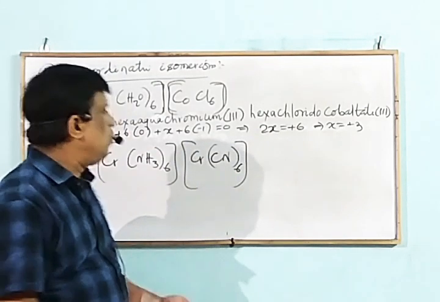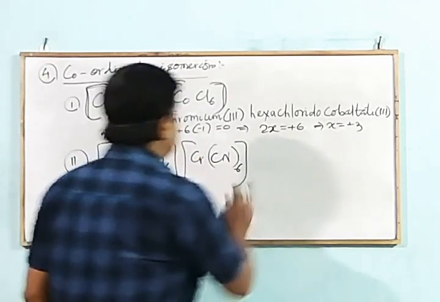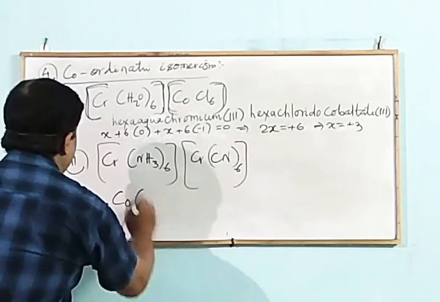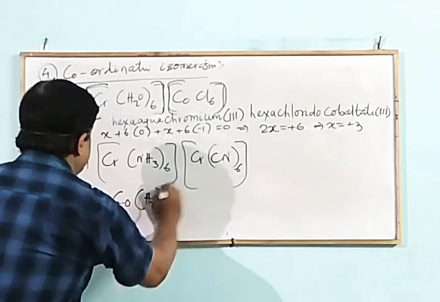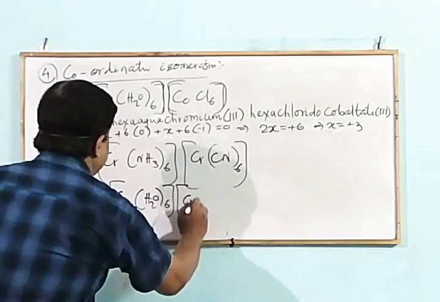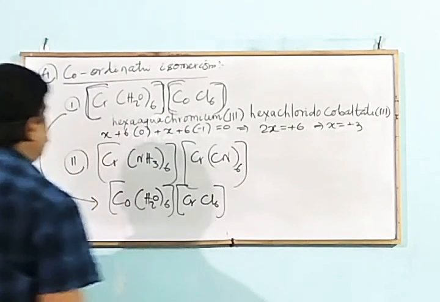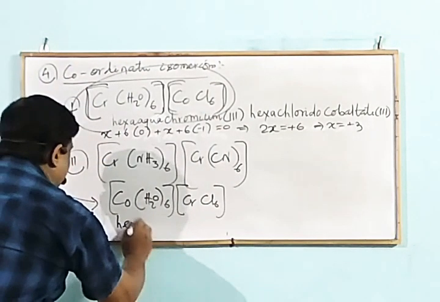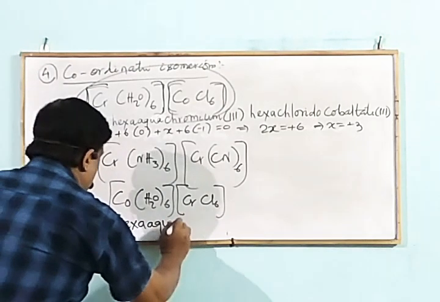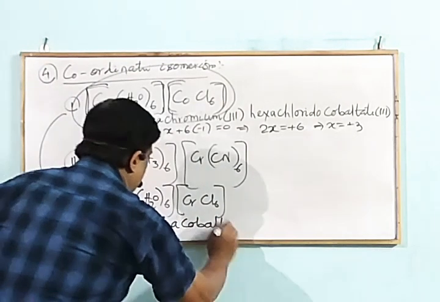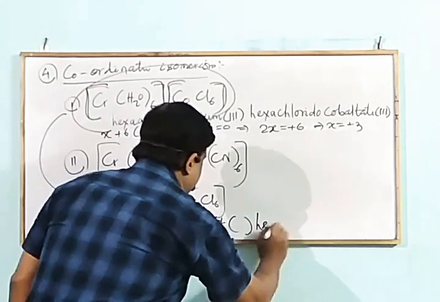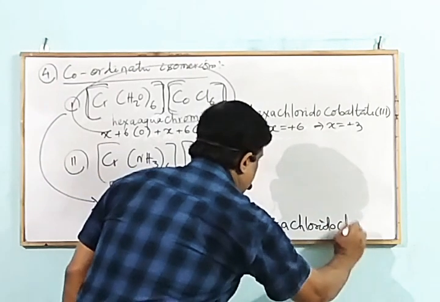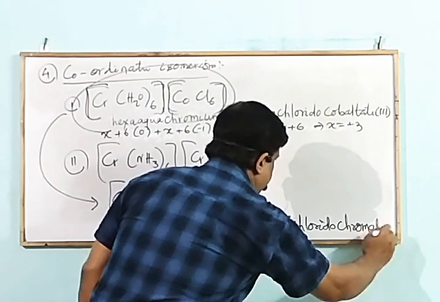With the same formula we can change the isomer. Mark that. Same formula. Its isomer is [Co(H2O)6][CrCl6], and its name is hexaaquacobalt bracket hexachloridochromate bracket.